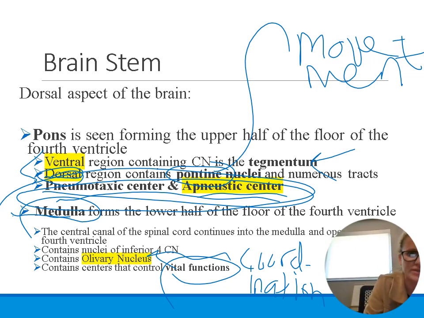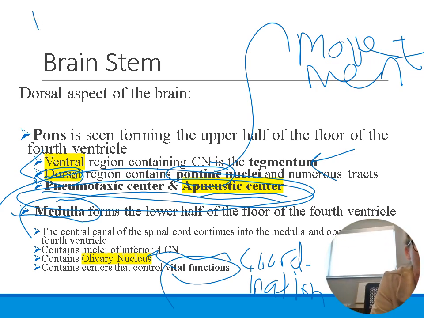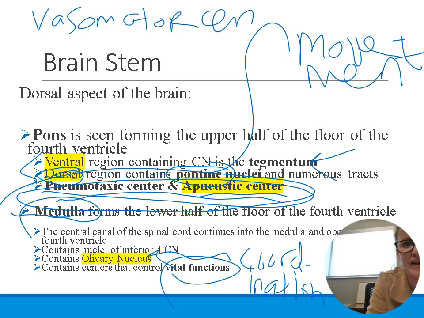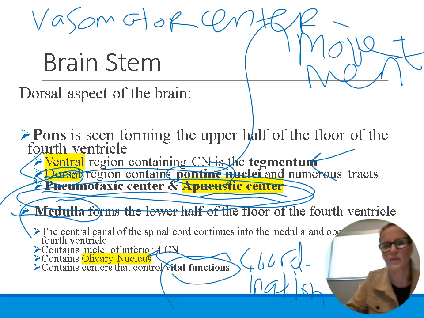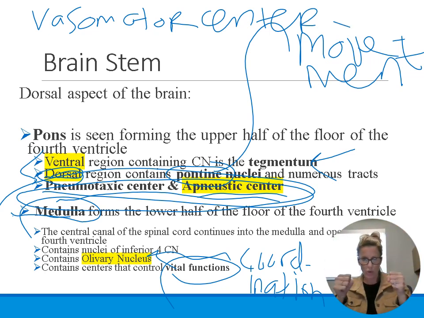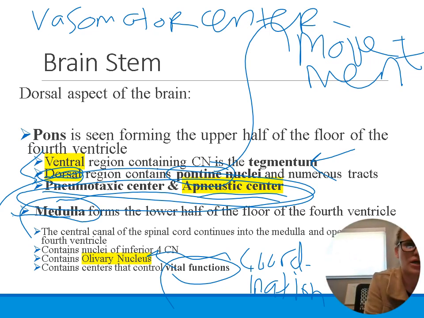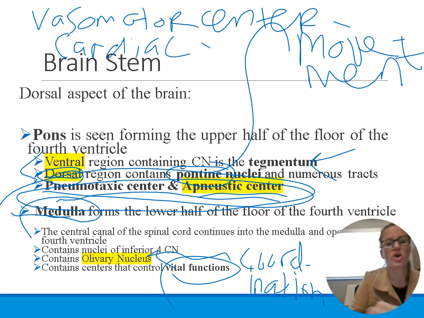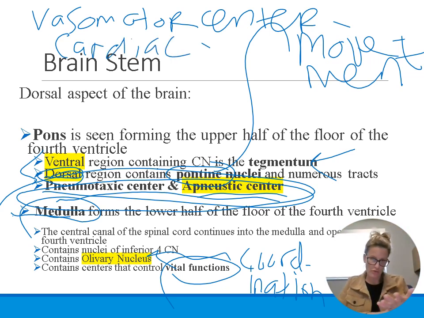For example, down in the medulla oblongata we have the vasomotor center. The vasomotor center sends signals out to control vasoconstriction and vasodilation. It has the cardiac center. The cardiac center controls heart rate and strength of contraction.